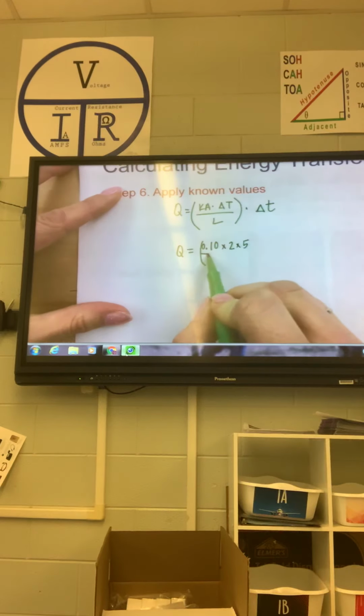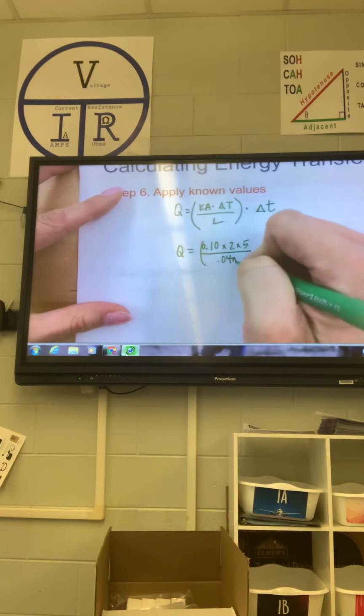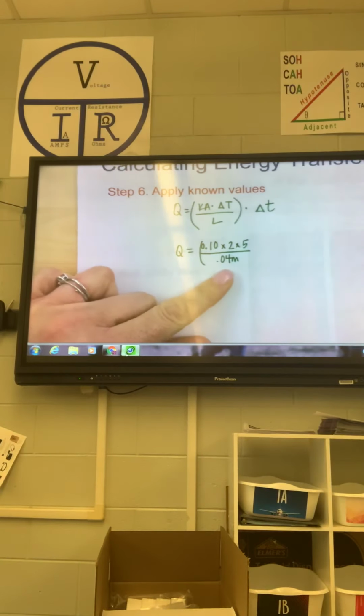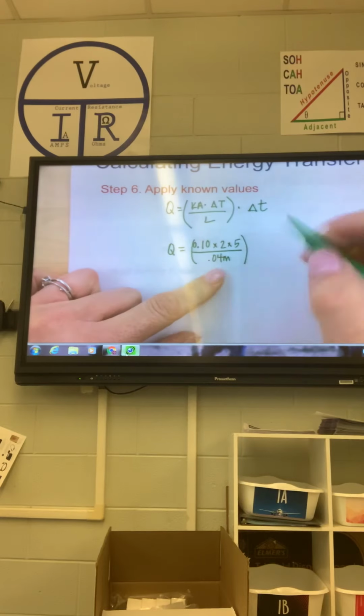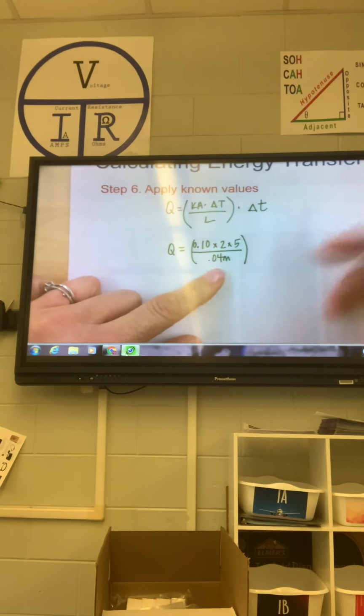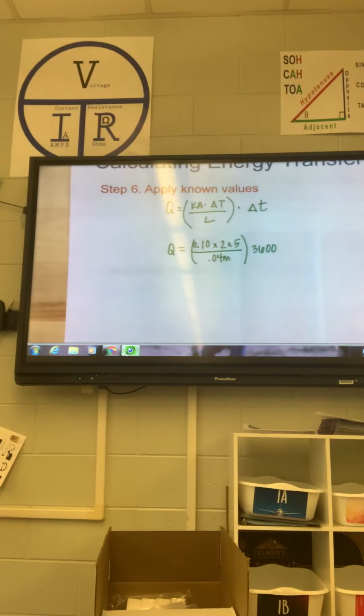And then what was the thickness of the wall? 0.04. And then change in time was 3,600. If you hadn't changed it to seconds and left it as hours and plugged a 1 in here, it would be wrong. And then you just solve it.